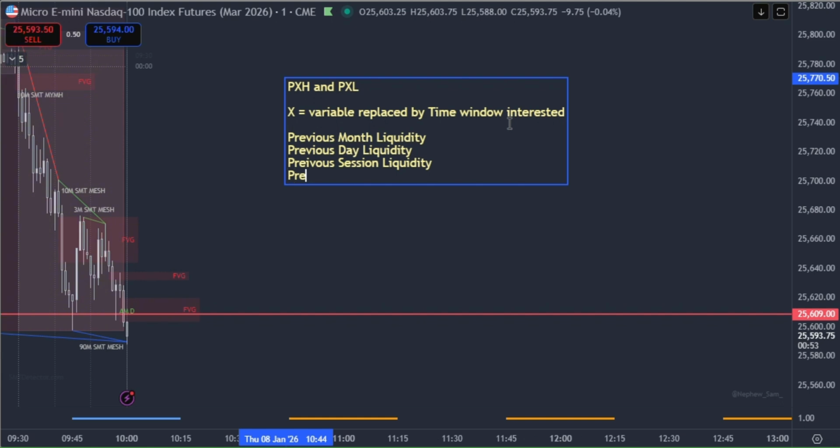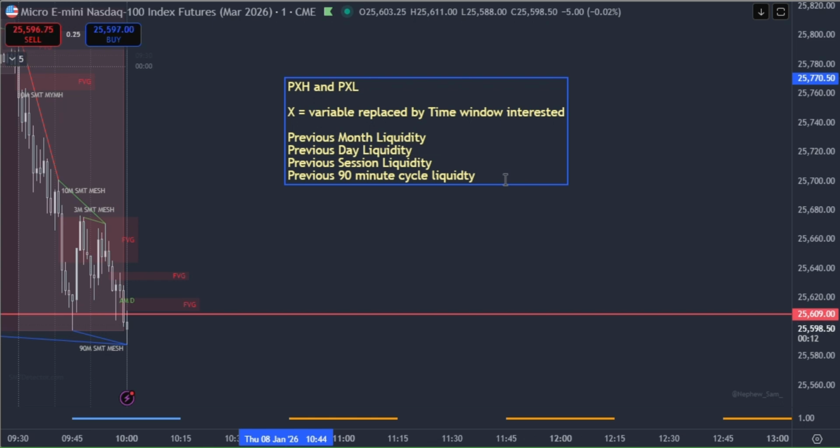And a previous 90-minute cycle, high and low. There are more time cycles to this, like quarterly, yearly. There's 30-minute cycles. There's 10-minute cycles. I'm not going to cover those on a high level. I think this should be enough to catch these bread and butter moves with market maker models.